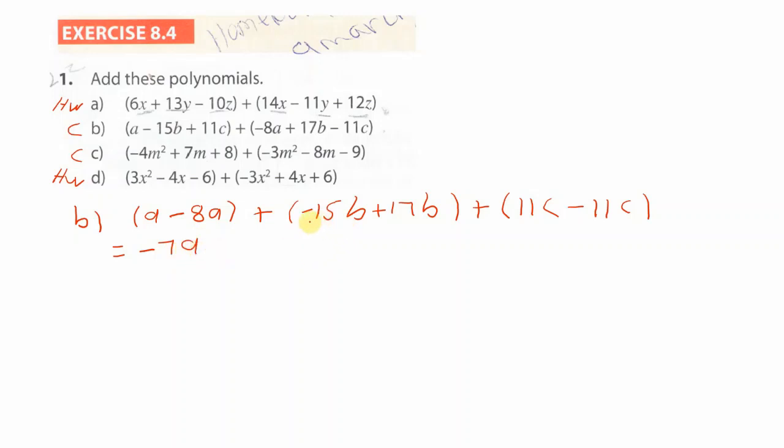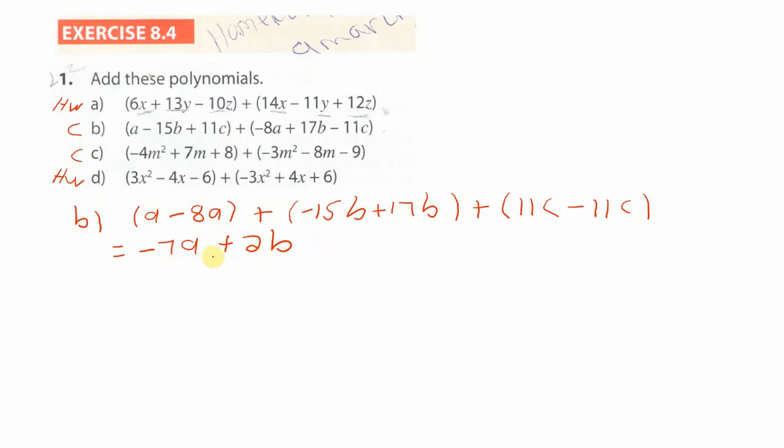Here we owe 15b's, we get 17, we have enough to pay our debt, plus we have the difference of 17 and 15 remaining, so it's a positive 2b. And then finally we have 11c's, we give away all 11, we have nothing, we won't even write down a positive nothing, so that's by convention.